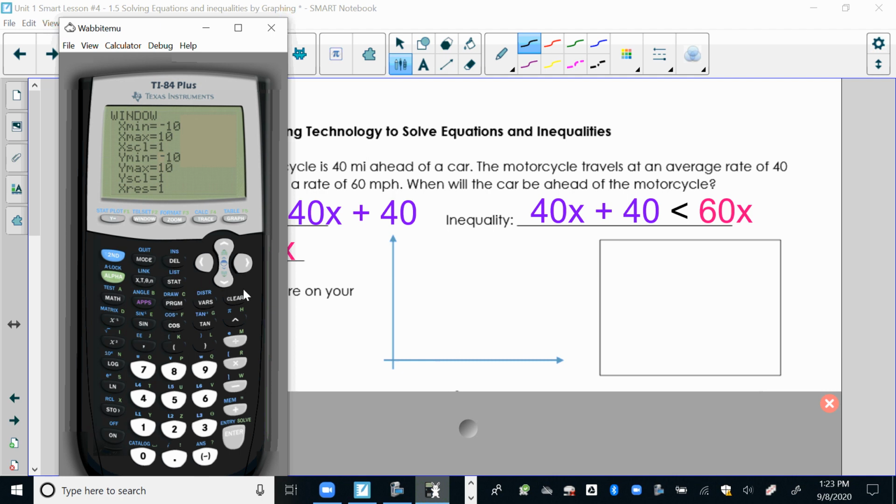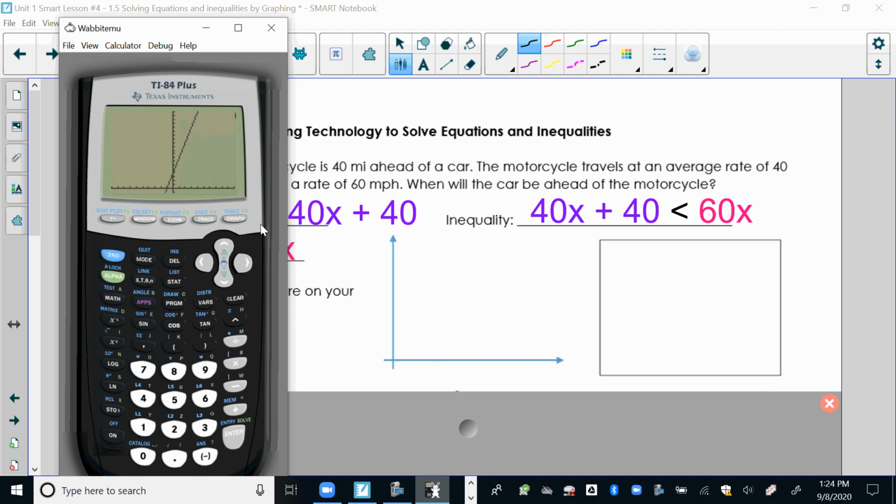Since my y-intercept is already at 40 and I have a slope of 40, and the other one has a slope of 60, I'm increasing 60 every hour or 40 every hour. So I'm going to make y max something quite big, maybe like 200. We'll try that to start. And if I'm going from negative 10 to 200, I'm going to count by tens. So now I'm going to hit graph.